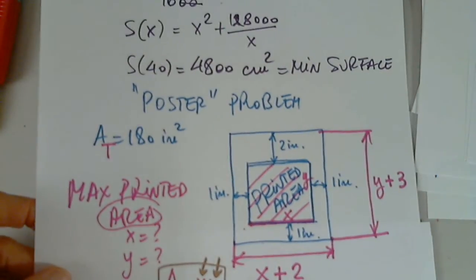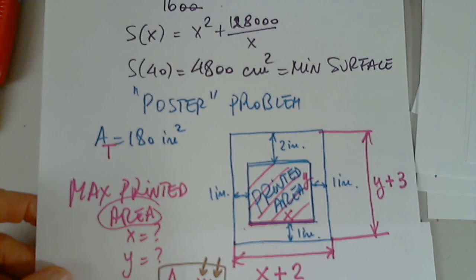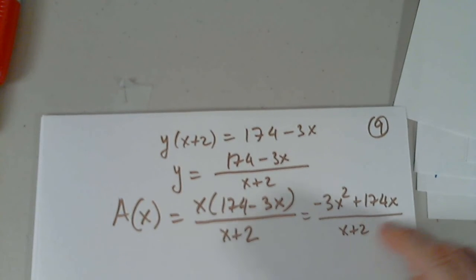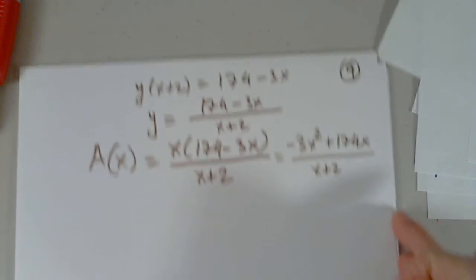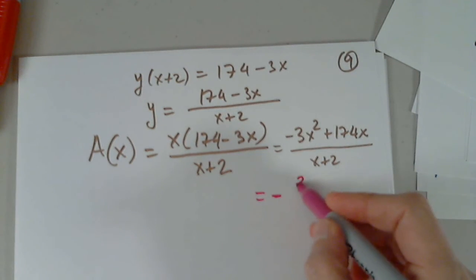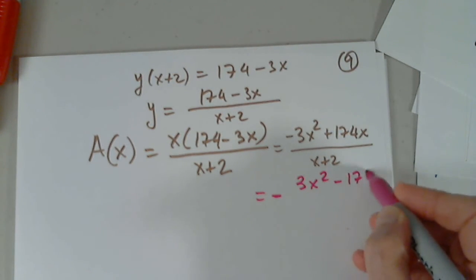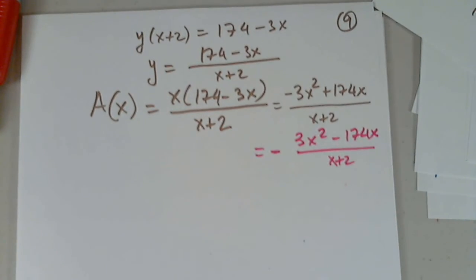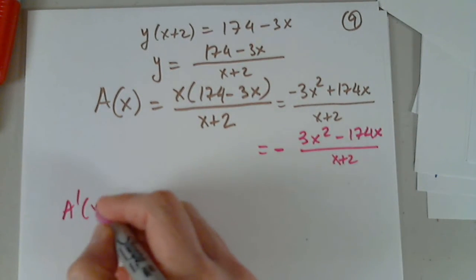And now I went back to the printed area, X times Y, and I replaced Y by what I just obtained, putting it in descending order. You can say, I would like to remove that negative sign, and I will have to agree. And then I will differentiate.